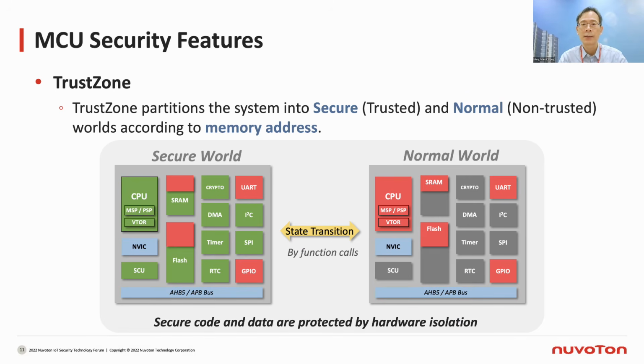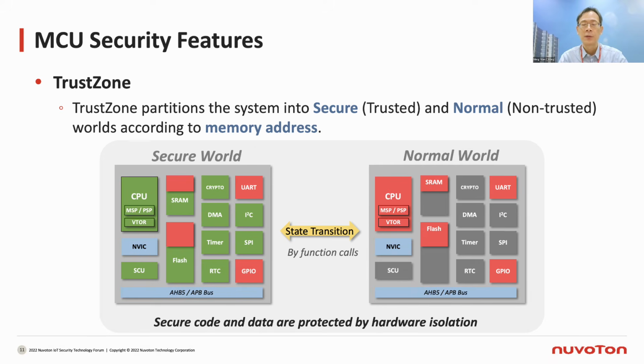TrustZone is a trusted execution environment technology developed by Arm. On Cortex-M microcontrollers, the processor supports two execution states, secure and non-secure. When executing in secure state, we say the MCU is in the secure world.